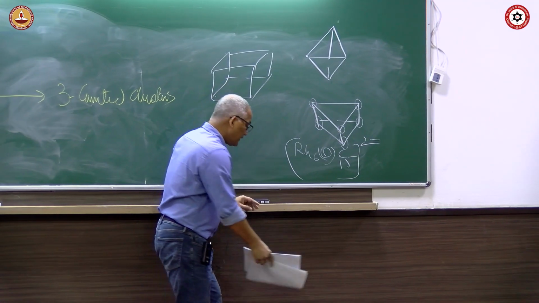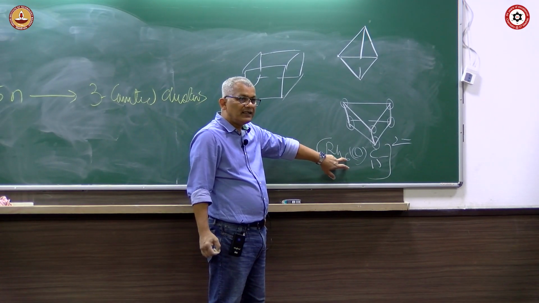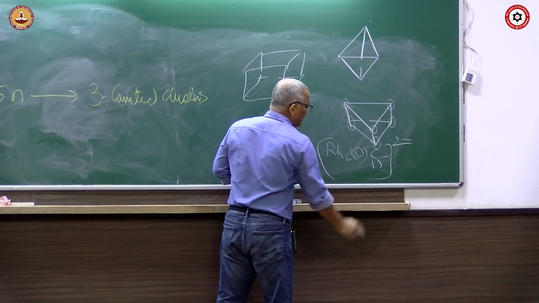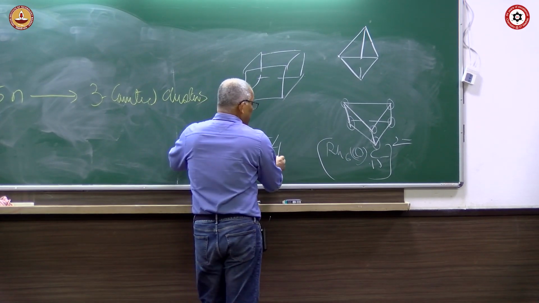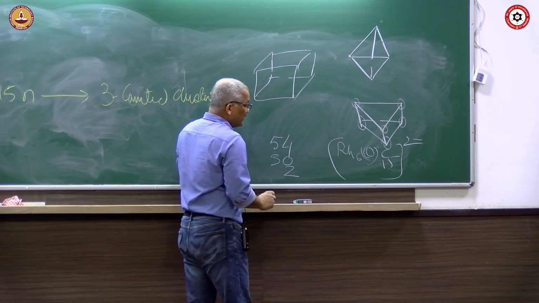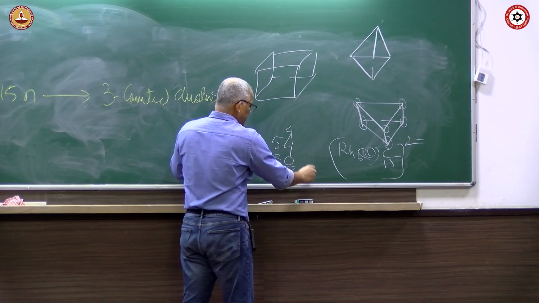If you look at the formula, rhodium is 9, 9 times 6 is 54. You have 15 CO, that is 30. You have 2 electrons and 1 carbon, 4. What is the total?